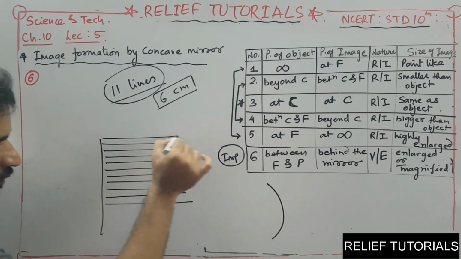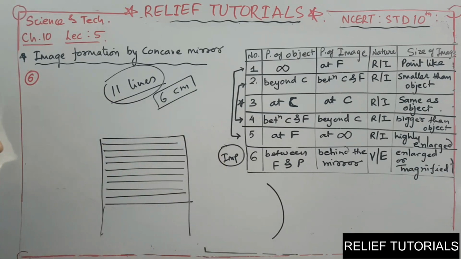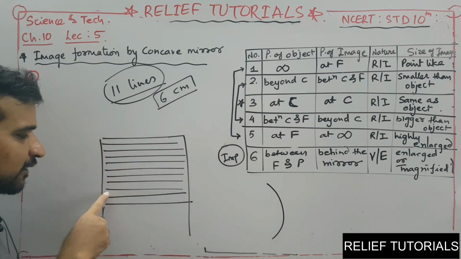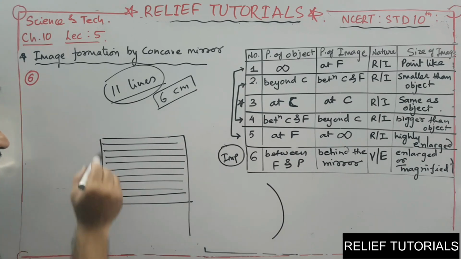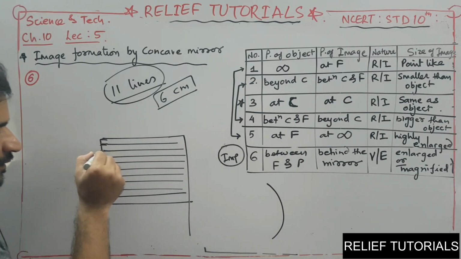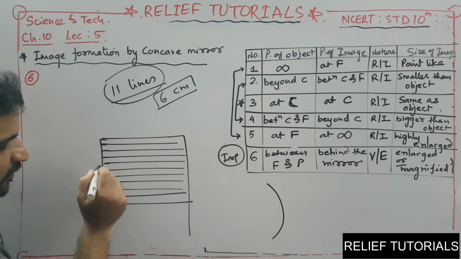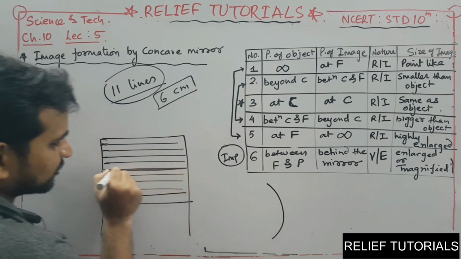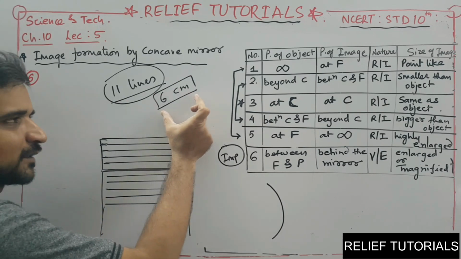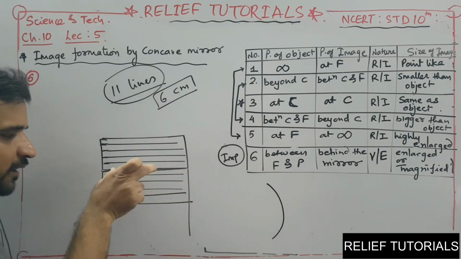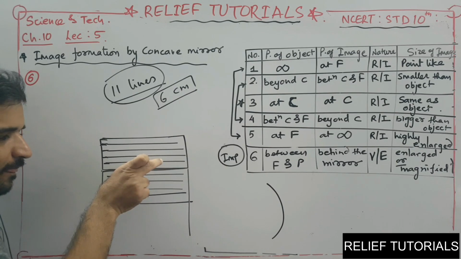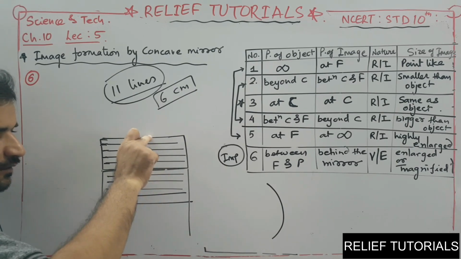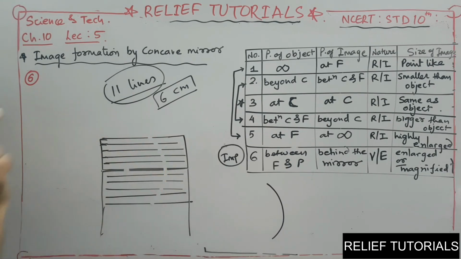Consider this is your notebook. So take the height of 11 lines. Obviously, if you think about the 11 lines, the 6th line is the middle: this is the first line, second, third, fourth, fifth, and 6th. So this will be your principal axis. Take the 6 centimeter radius of the rounder, and now draw the curve like this.